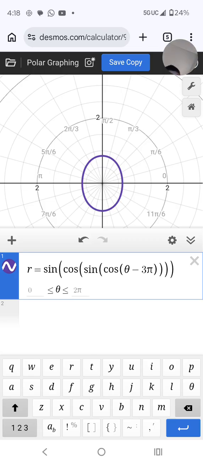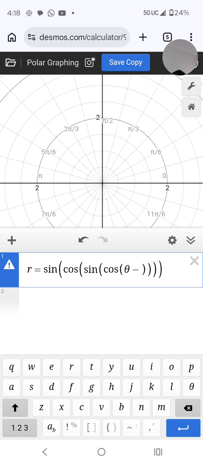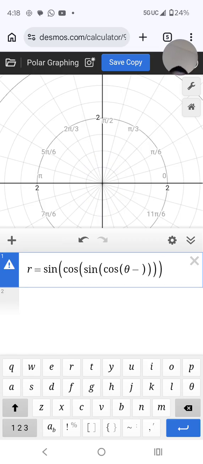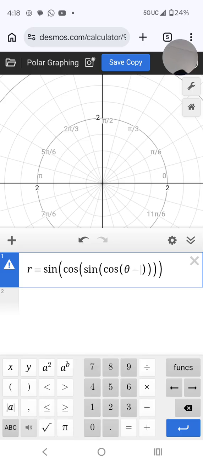And if you rotate it 3 pi times, then if you put minus 3 pi, it's the exact same thing. Any multiple of 3 pi.